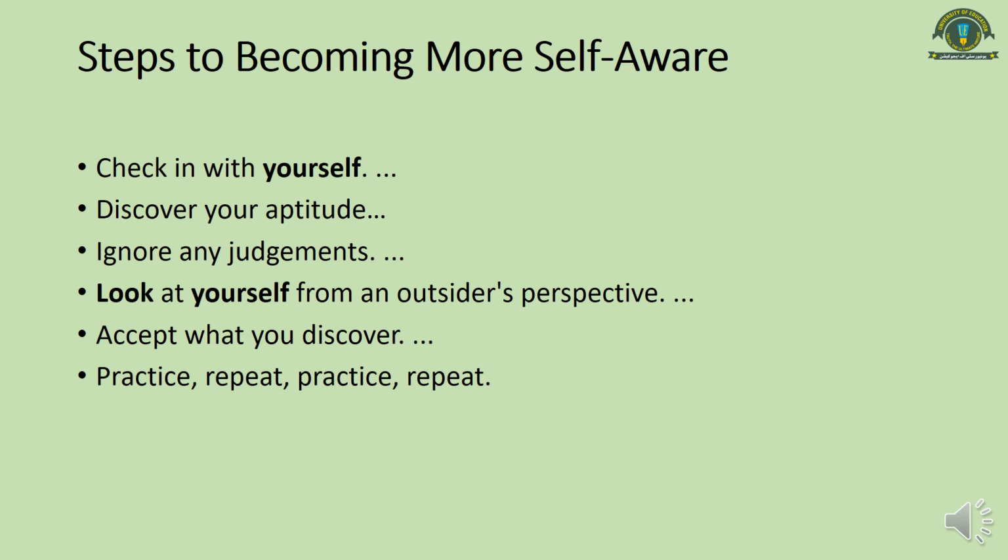Because if we go away from our aptitude, we are destroying ourselves, we are creating so many hurdles in our way. Those difficulties can be avoided if we discover our aptitude and follow it.